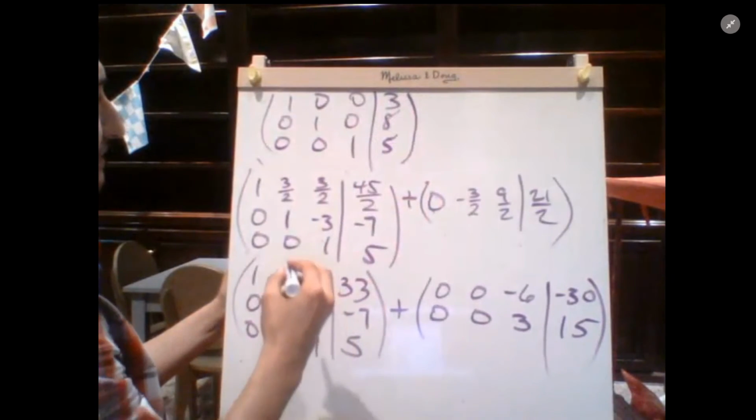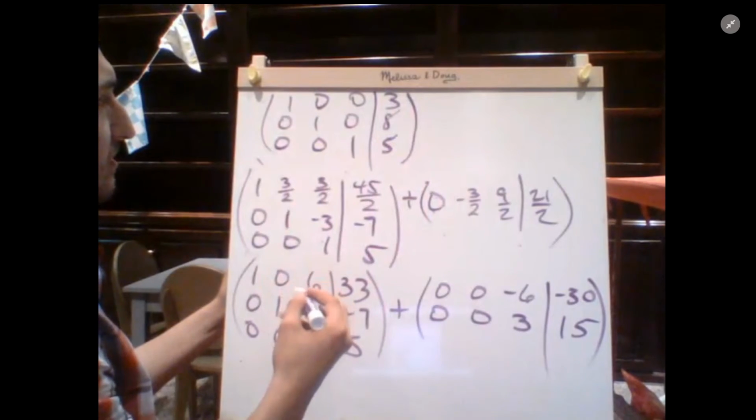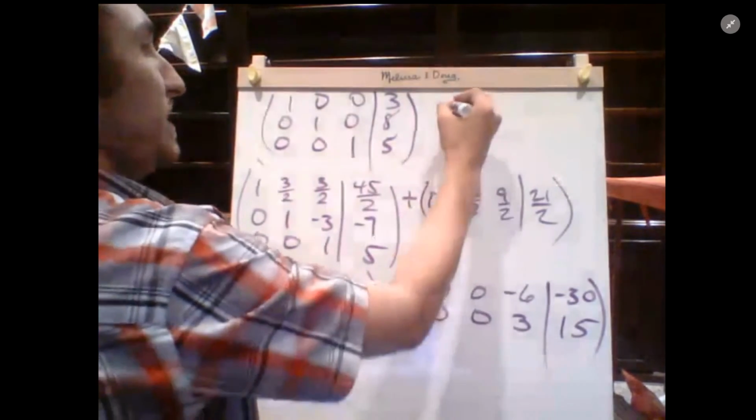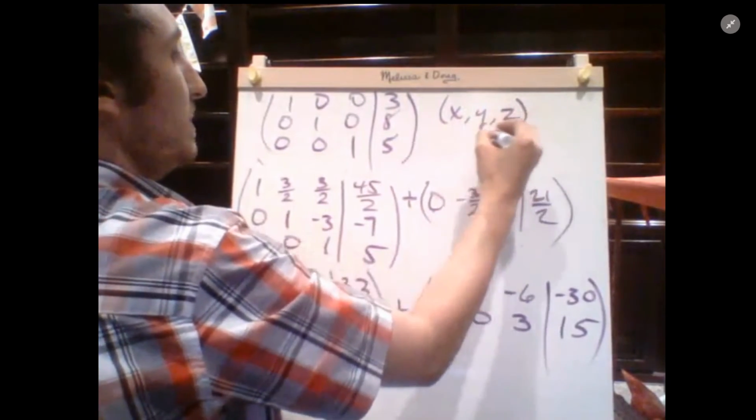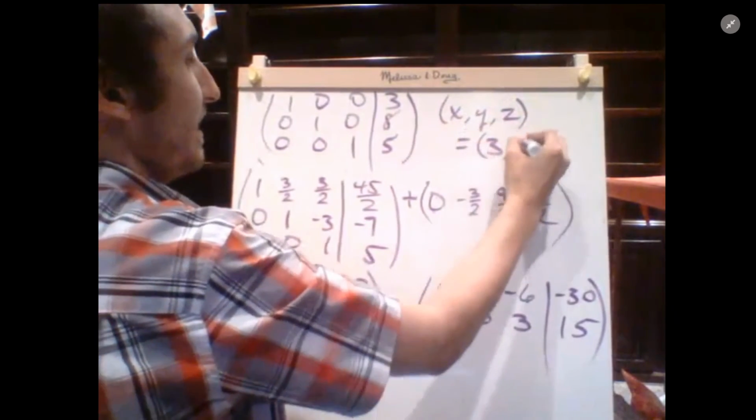So now we have the identity matrix on the left side. Therefore, we can say that the solution x, y, z is equal to 3, 8, 5.